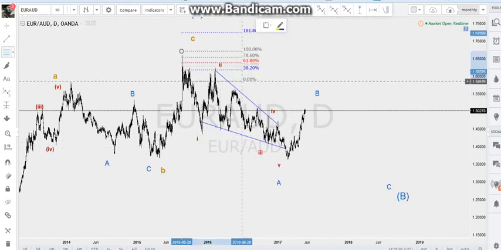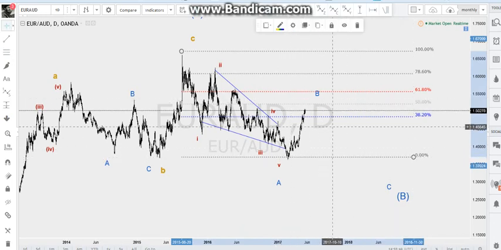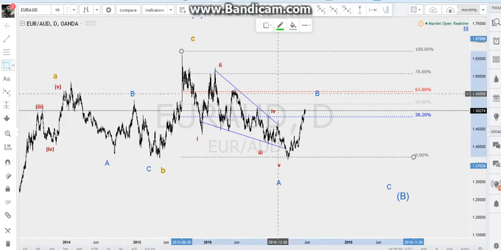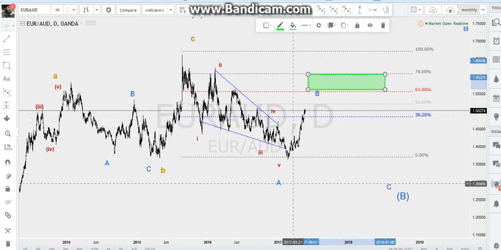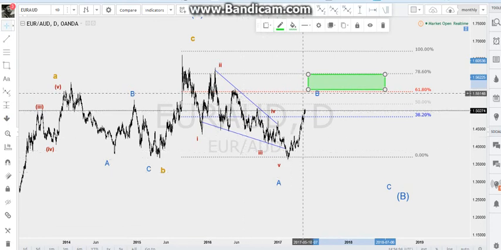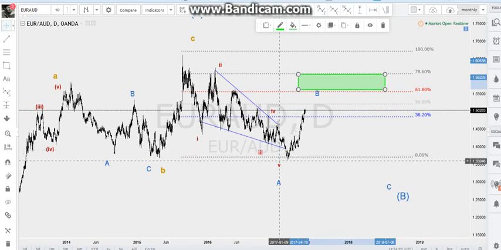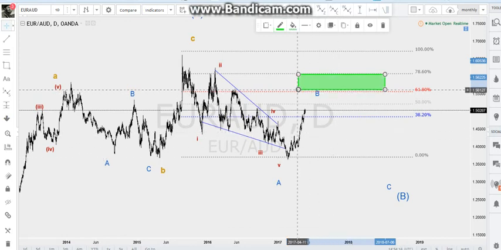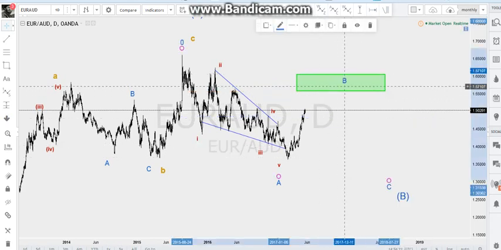We may have a more corrective pattern, 1 2 3 4 5, and then A B C, and then 1 2 3 4 5, and the B wave may end in a place like here. We don't need it, but as a guideline, we should understand which wave we are in at the current time of market, and what we should do. So I think it is a corrective pattern.